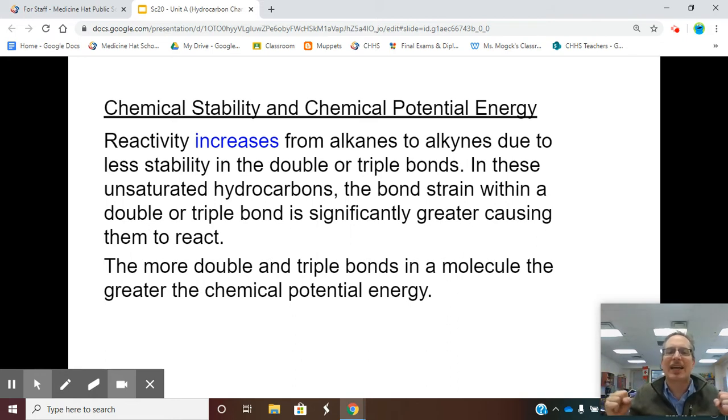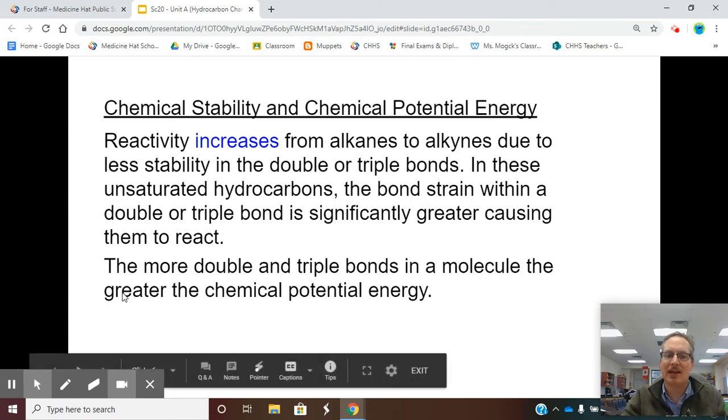They're fighting to get away. So the more unstable the triple bond or double bond is, the more it does not want to be in that orientation, the more reactive it's going to be. So this is also true when we take a substance and we put in two double bonds or two triple bonds. More triple bonds means more instability.